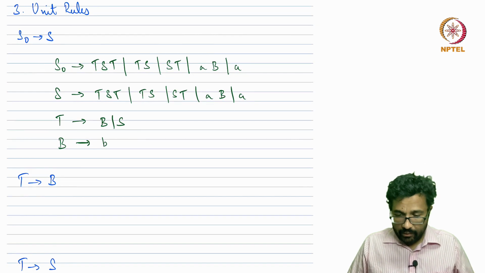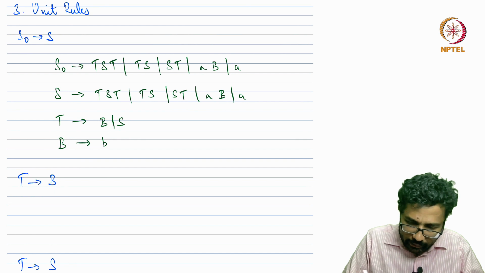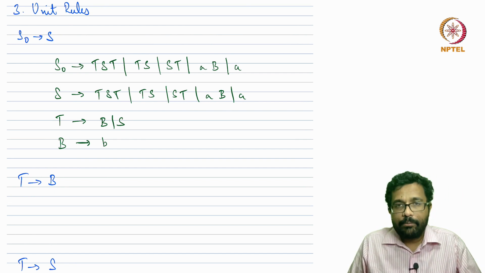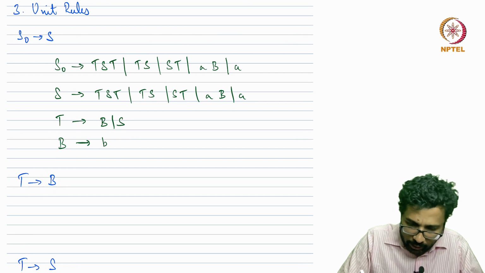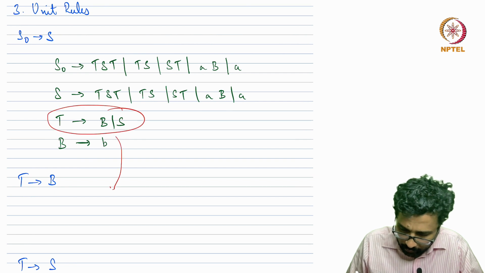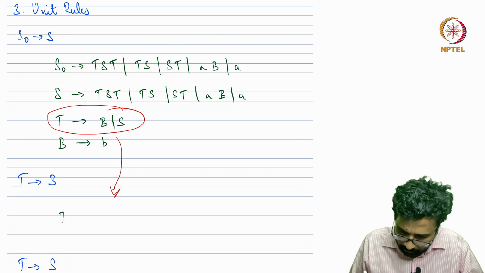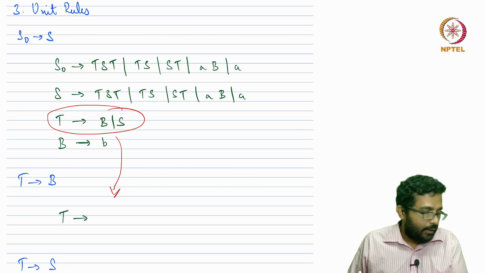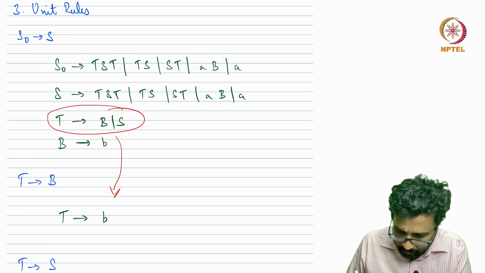So next thing is T gives B. Now what would it mean? T gives B. So now what are the things that capital B produces? We'll replace this rule with whatever small b can produce, which is that small b.